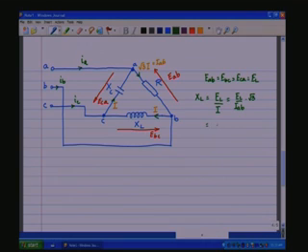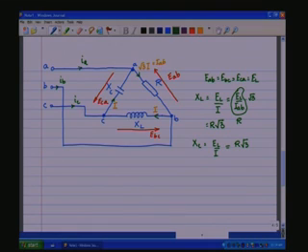This is nothing but R, the resistive component of the load, so this is R root 3. Likewise, XC, the capacitive reactance, is E line by I, which results in R root 3 in ohms.